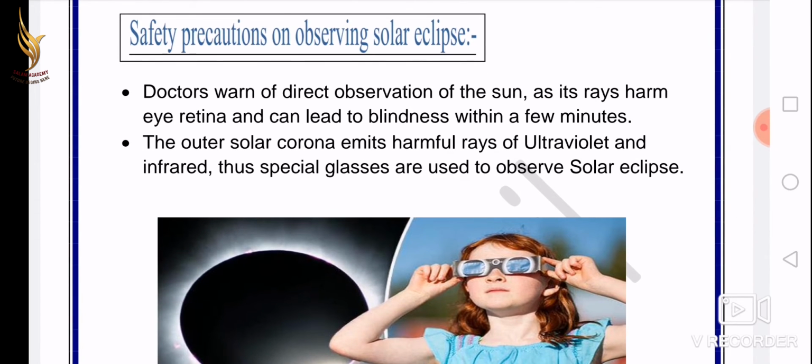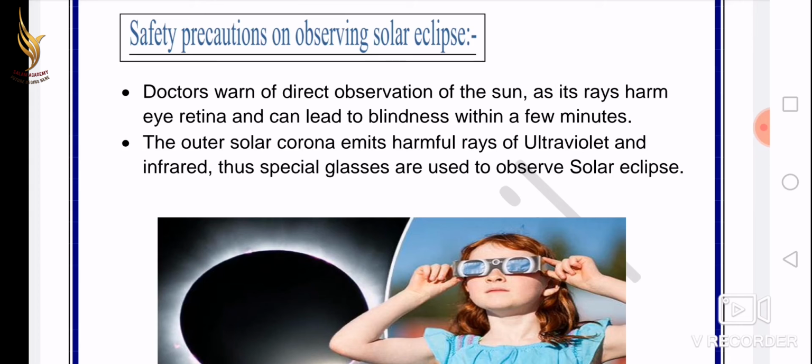Although the sun's glow in the solar eclipse is weak, doctors warn of direct observation of the sun, as its rays harm the eye retina and can lead to blindness within a few minutes. In the solar eclipse, we can't look at the sun directly because the sun emits harmful rays like ultraviolet rays and infrared rays.